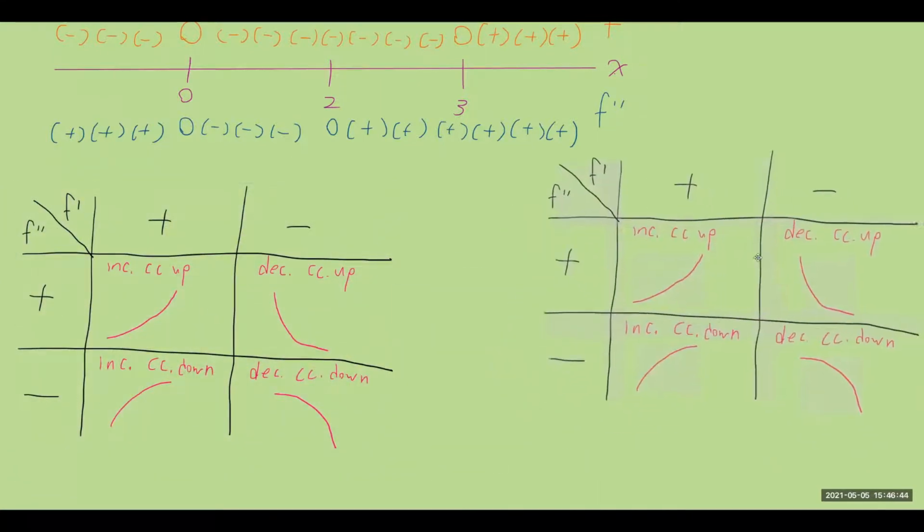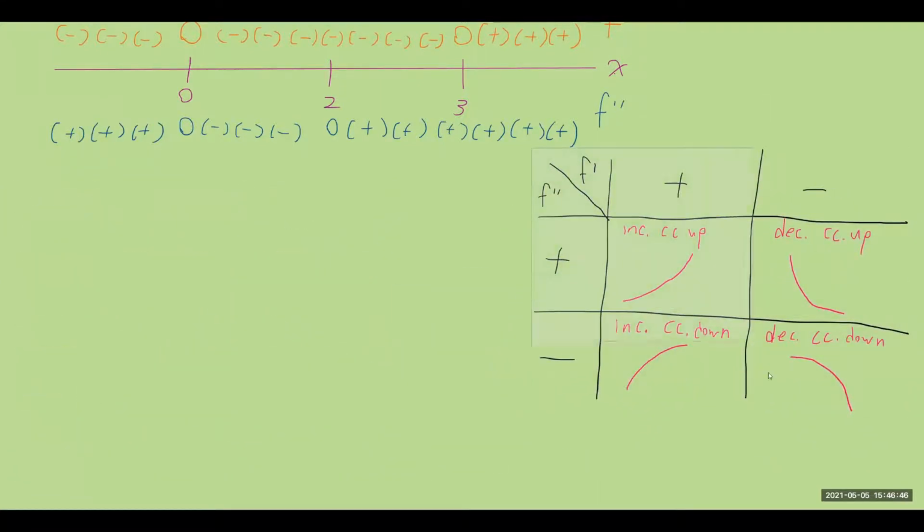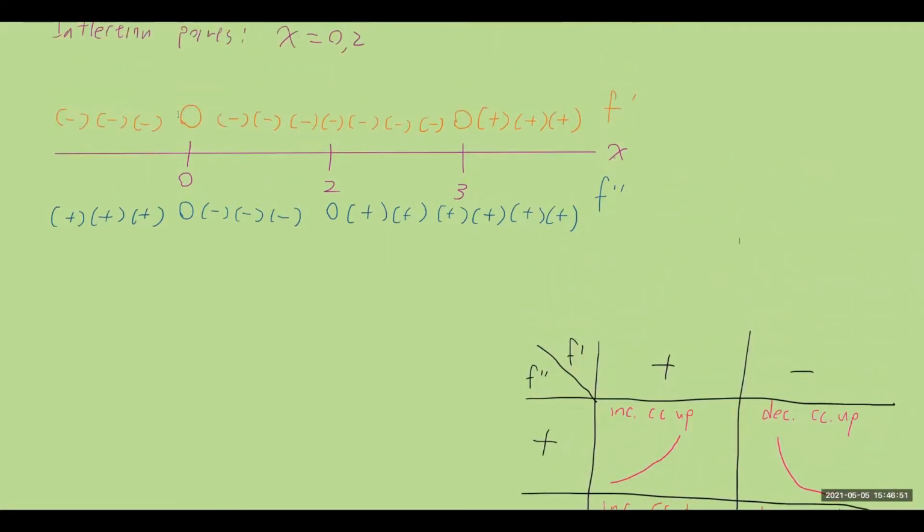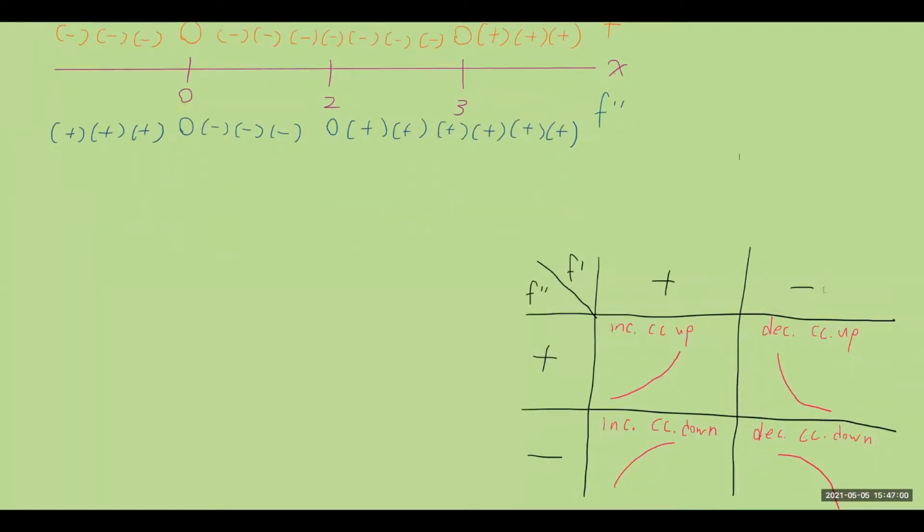Okay, so let's see. Move this to the right hand side, maybe down a little bit. All right, so first, to the left of 0, f prime is negative and f double prime is positive, right? So to the left of 0, decreasing and concave up. So it's going to look like this. Between 0 and 2, it's decreasing and concave down.